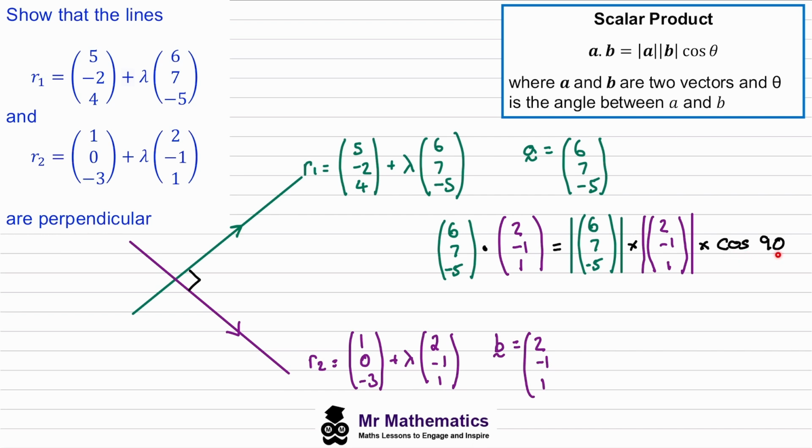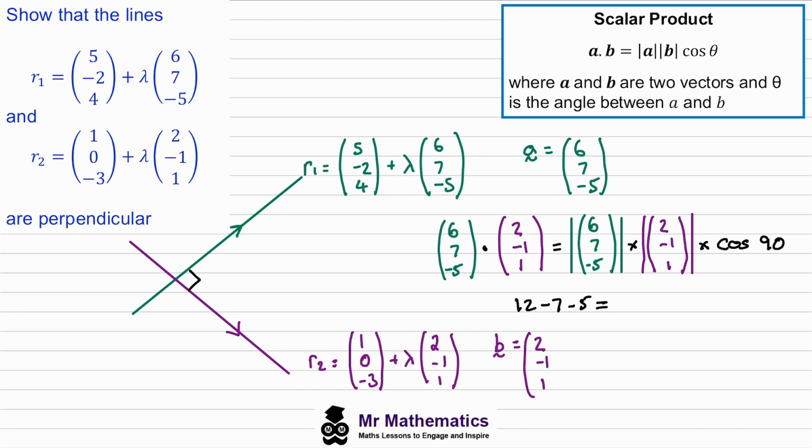And we know the cos of 90 is 0, so that will make this entire right-hand side equal 0. So when we dot these two together, we should find that they equal 0. So we'll have the 6 lots of 2 to give us 12, the 7 lots of negative 1, minus 7, and the negative 5 lots of positive 1 to give us negative 5.